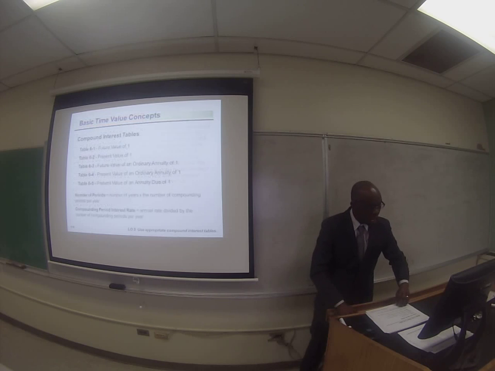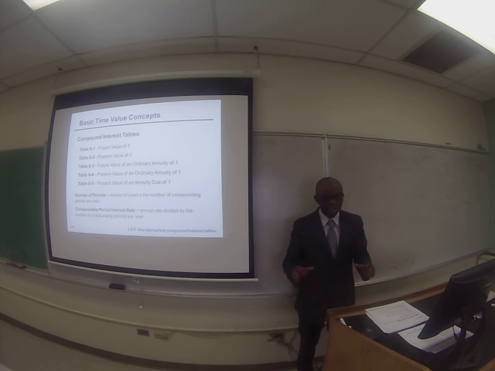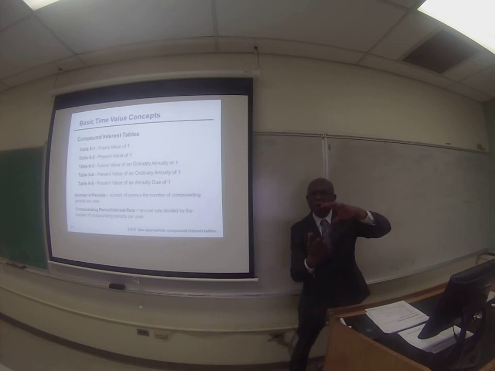So let's take a look at compound interest tables. These tables are mapped out with time value formulas, and these tables help us to calculate time value concept problems without the problem of using a formula at all times.